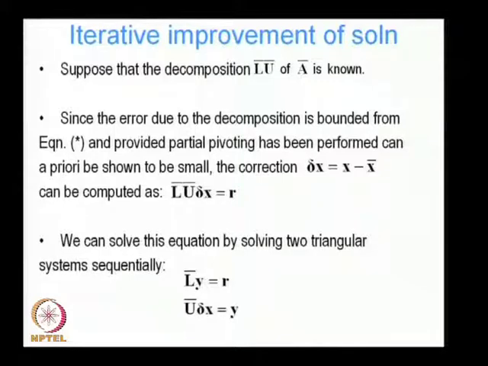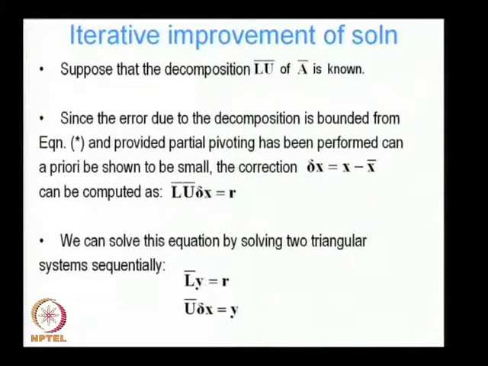Now, suppose the decomposition of A bar into L bar and U bar is known. This is because we are trying to improve the accuracy of the solution which has been already computed by Gaussian elimination. So that means that we have the LU decomposition of the coefficient matrix by Gauss elimination, which is L bar U bar.